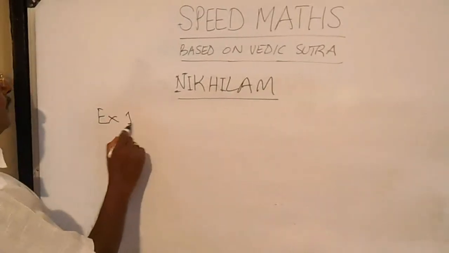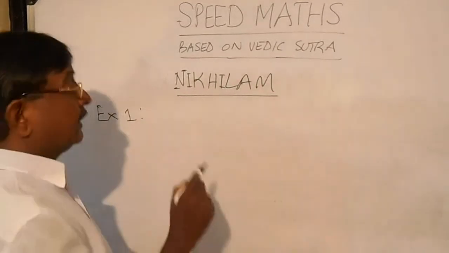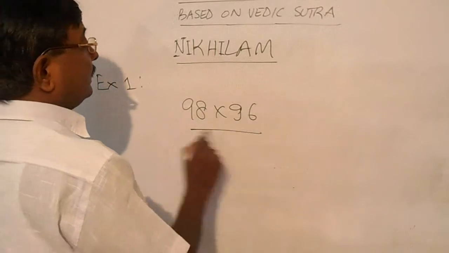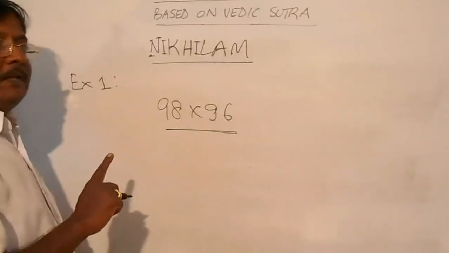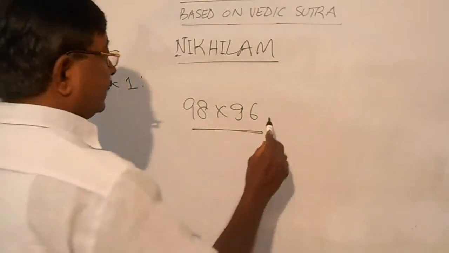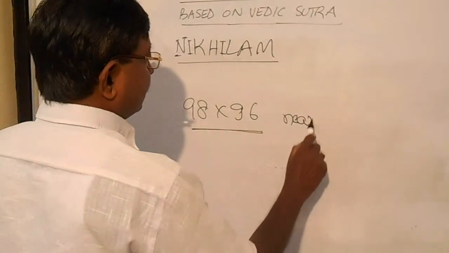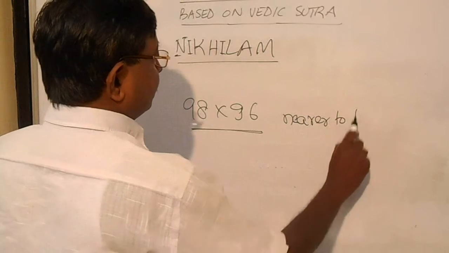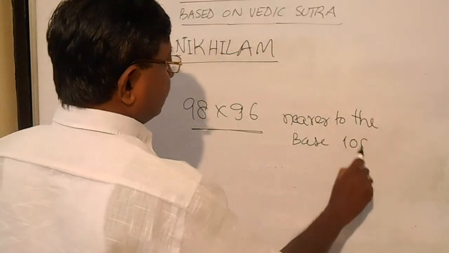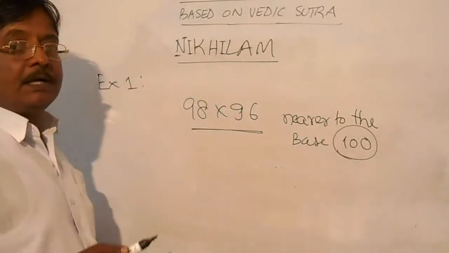Example number 1: 98 multiplied by 96. In this case, both the multiplier and the multiplicand are nearer to the base 100. Here we have to consider 100 as the base.